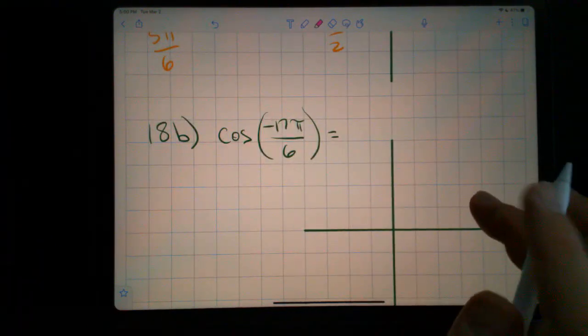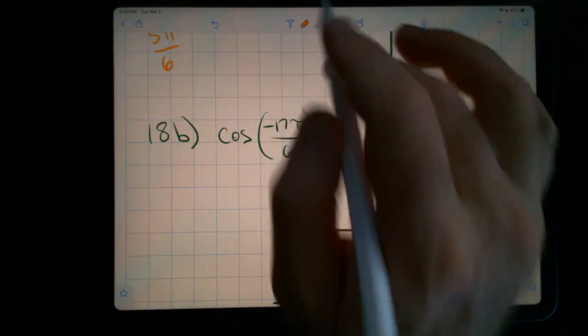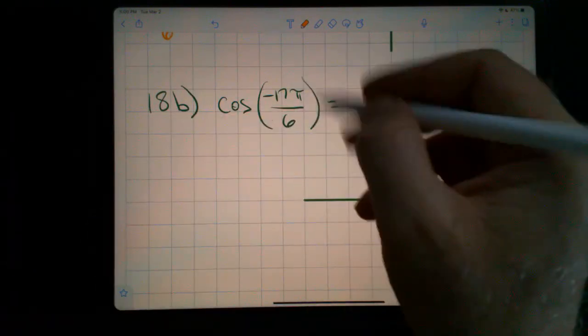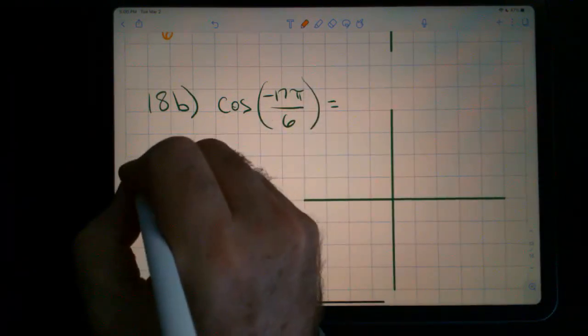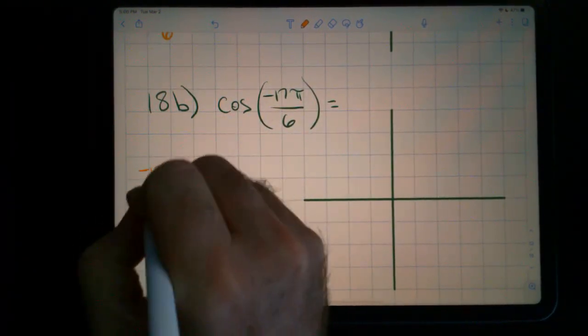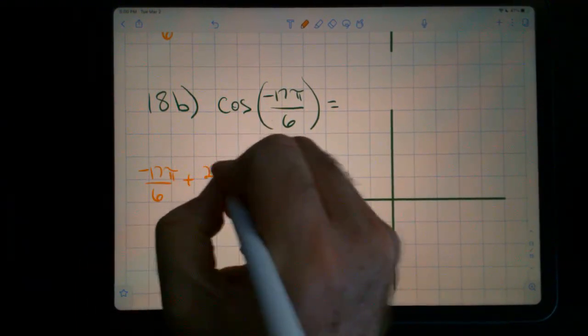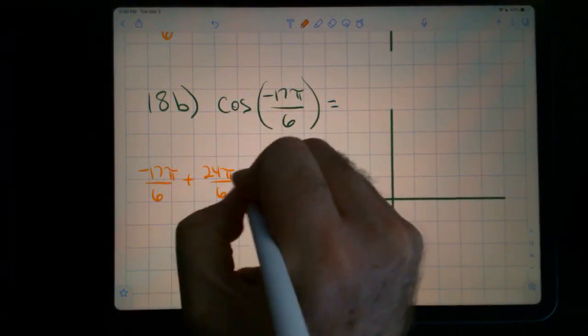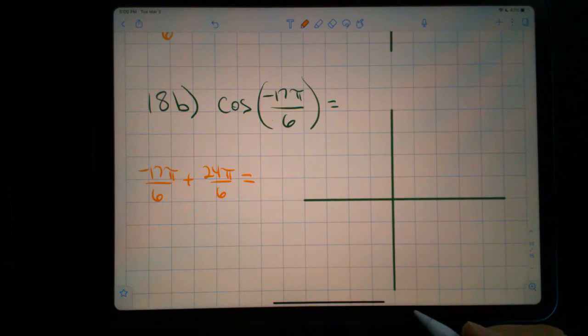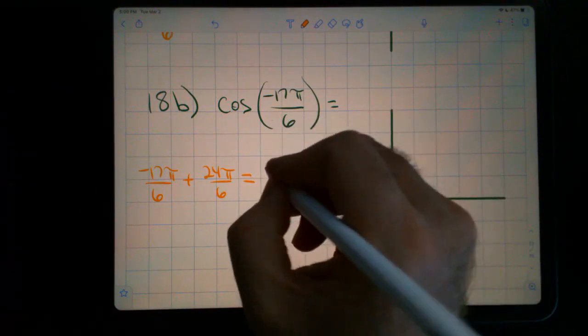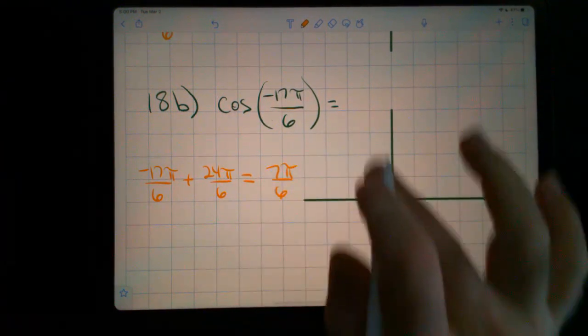Cosine of negative 17 pi over 6. So let's add 24 pi over 6, which is 4 pi. And 4 pi is the same thing as 2 pi, so we're not doing anything. So this is going to give me 7 pi over 6.